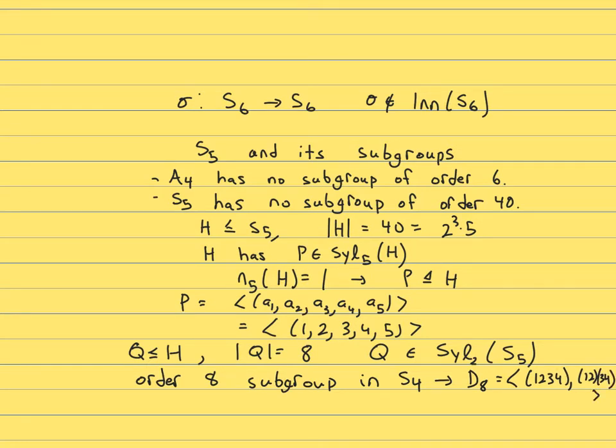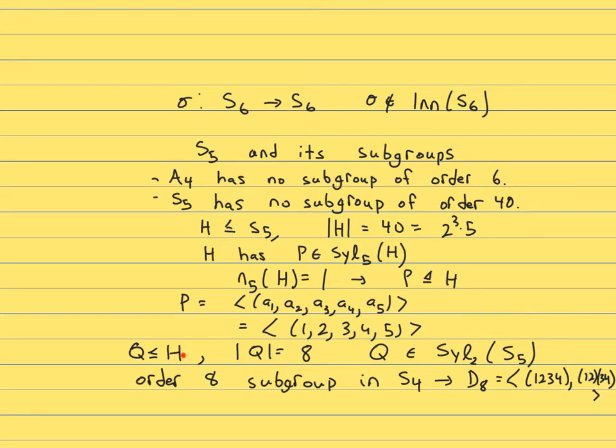Why does that matter here? Well, by the Sylow theorem, 8 is the largest power of 2 dividing 4 factorial, so all subgroups of order 8 in S4 are conjugate to this one. S4 is a subgroup of S5. Each of these Sylow subgroups, D8, is thus a subgroup of S5 of order 8. They're all conjugate. All the subgroups look like dihedral groups.